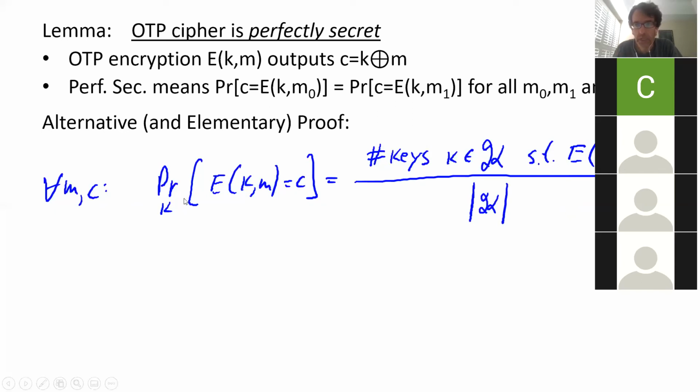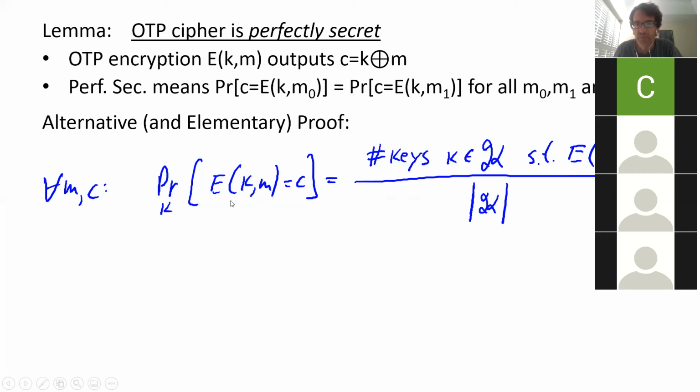So let's evaluate this expression. So Shannon says it's secure if for every M0, M1, C, these two probabilities are equal. Okay, let's try to evaluate these probabilities. So I'm not going to say whether M is M0 or M1, it's going to work for both of them. So let's take any M and C and look at this probability.